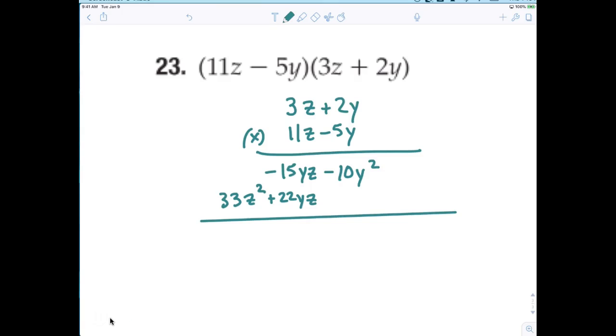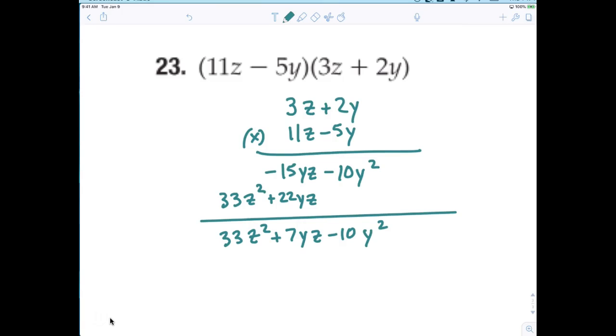Everybody good with that? And now we just add it. So I end up with 33Z squared plus 7YZ minus 10Y squared. Now, anybody have any questions?